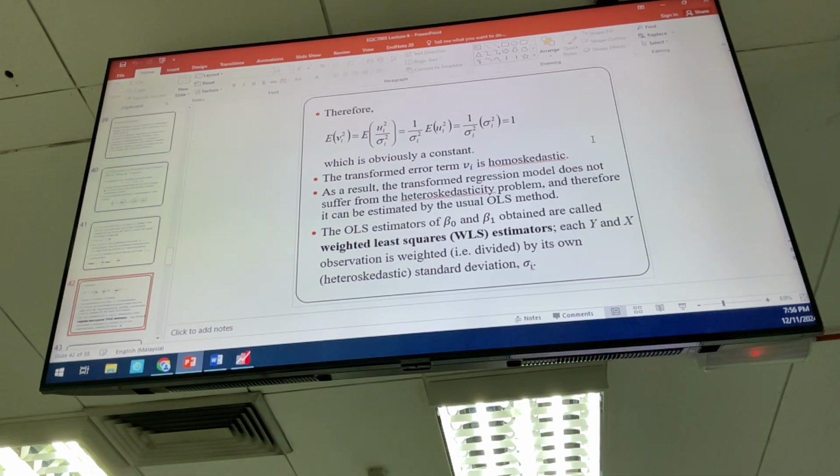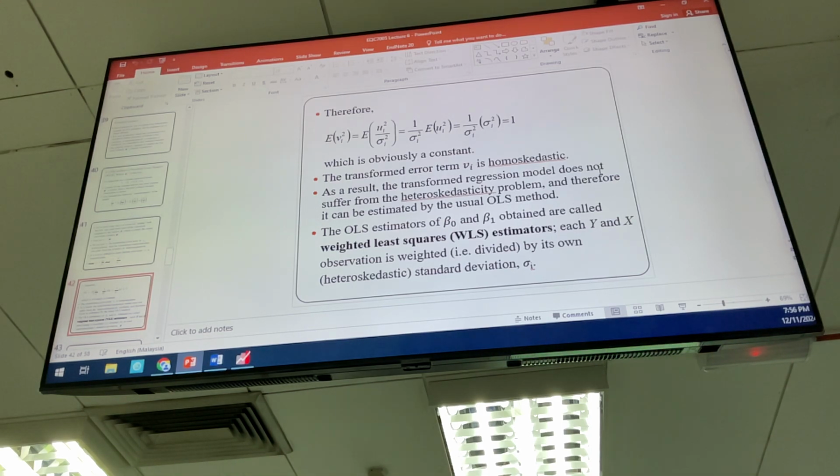As a result, the transformed regression model does not suffer from the heteroscedasticity problem, and therefore it can be estimated by the usual ordinary least squares, using the technique that we discussed earlier. The ordinary least squares estimators of beta 0 and beta 1 obtained are called weighted least squares, WLS, estimators.